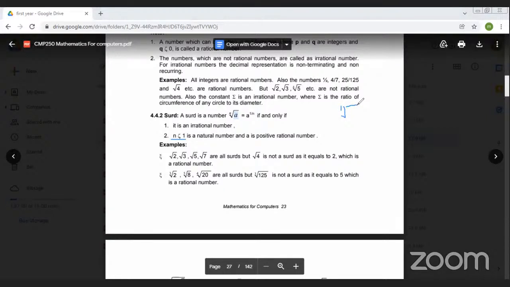See, all of these terms are positive rational numbers, correct? And here the term n is what? Equal to 1.